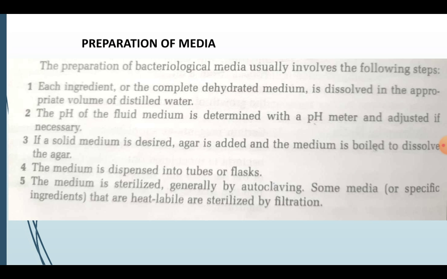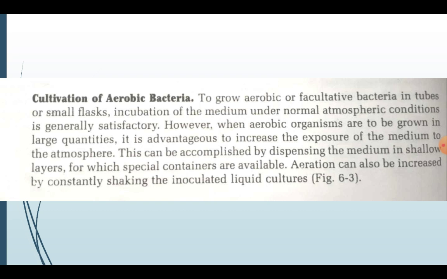Third, if a solid medium is desired, agar is added and the medium is boiled to dissolve the agar. Fourth, the medium is dispensed into tubes or flasks. Fifth, the medium is sterilized, generally by autoclaving. Some media or specific ingredients that are heat labile are sterilized by filtration.